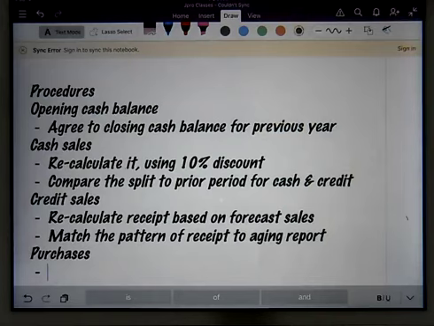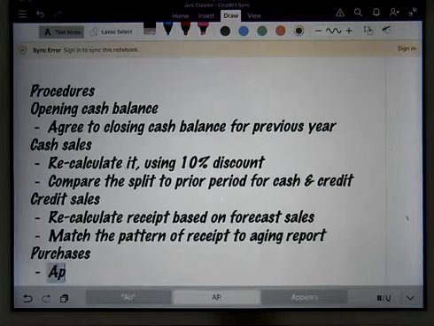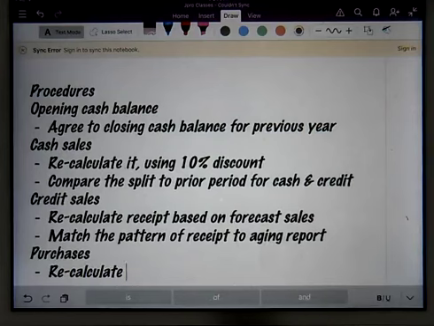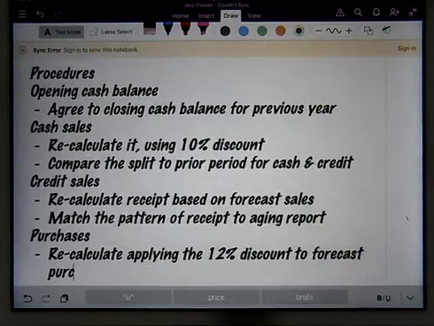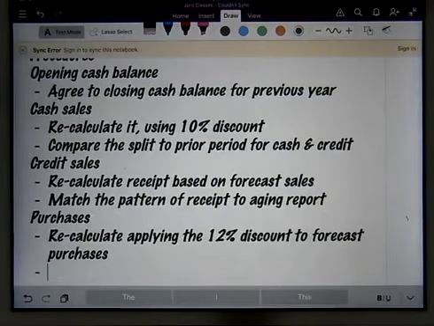Depends on your knowledge. Now, purchases. What about your purchases? Here you apply and recalculate. Does that make sense?